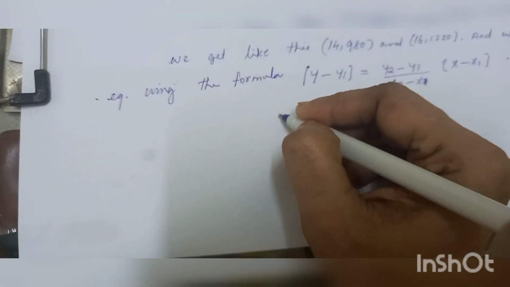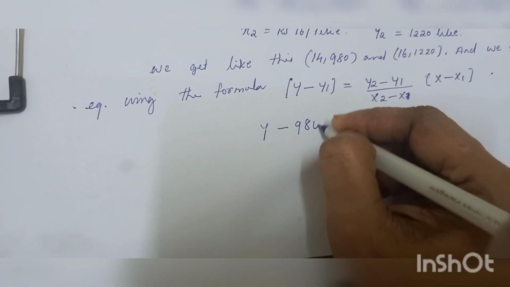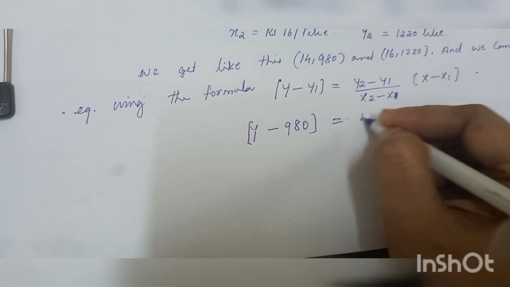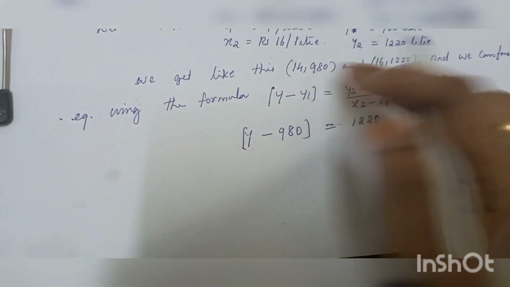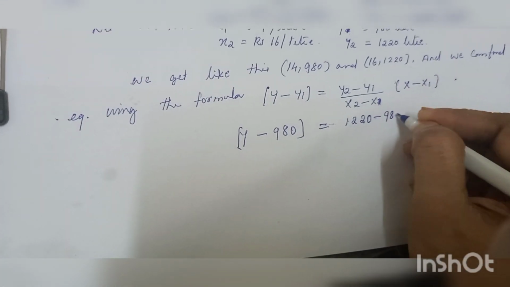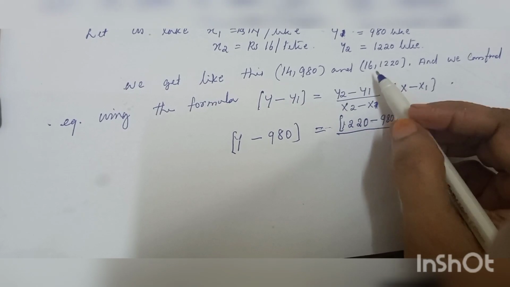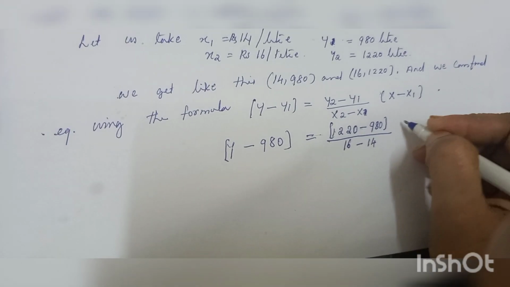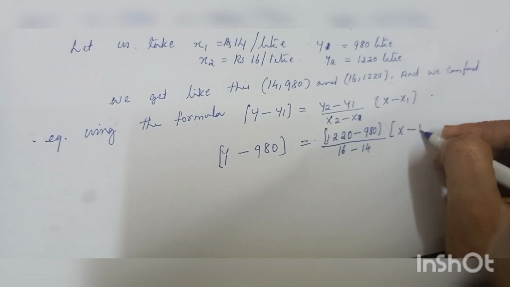Let's do the problem. y minus y1, that is 980, is equal to y2, which is 1220, minus 980, whole divided by x2, which is 16, minus 14, into x minus x1, and x1 is 14 here.